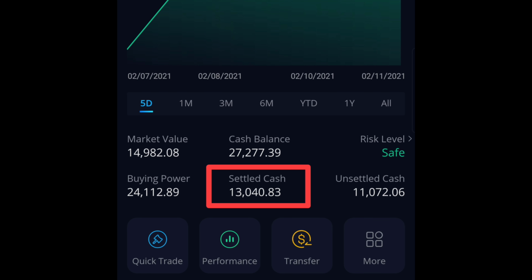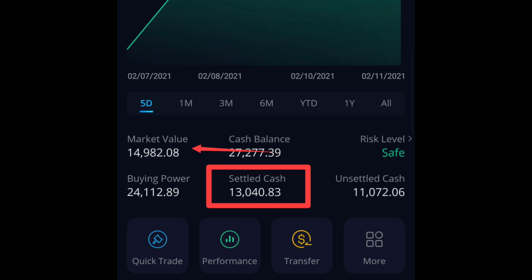It's always good to have a buffer there. I can tell you that I oftentimes trade with less than half of the cash that I have as a total balance. You can kind of see that, my total market value is that $14,982.